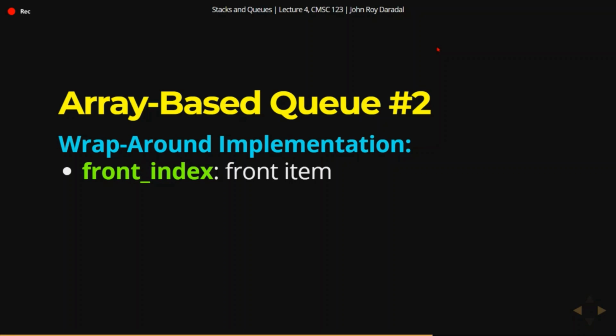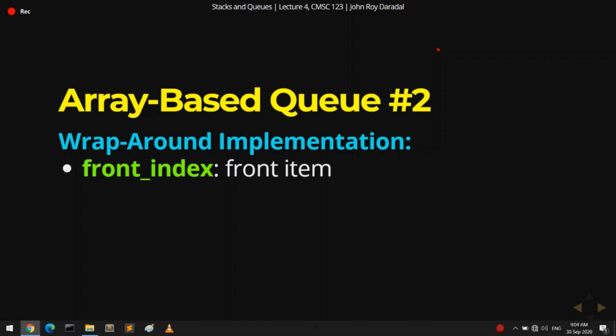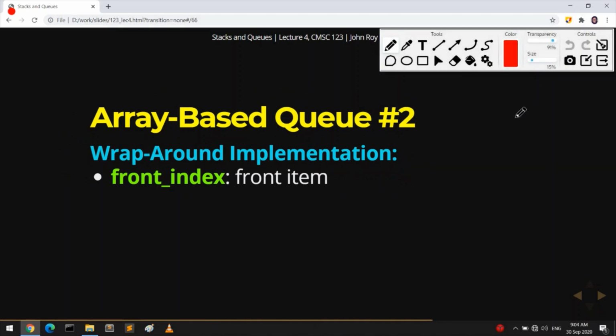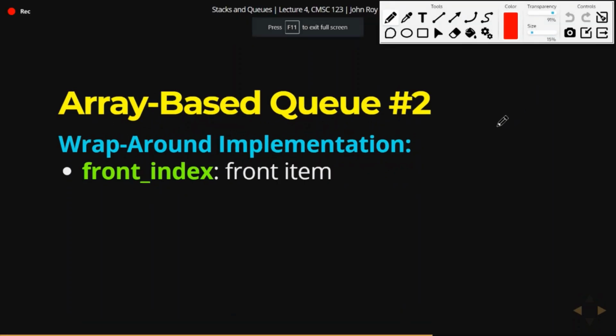So remember that we're keeping track of 2 indices. So what do they actually do? So front index will keep track of the front item. So for example, let me draw an example here first. So let's say we have an array of capacity 5.